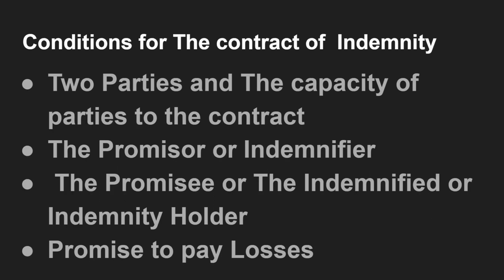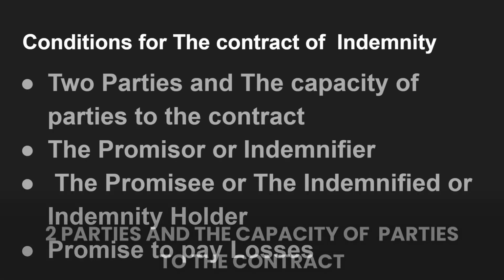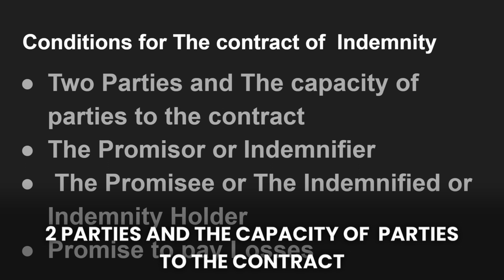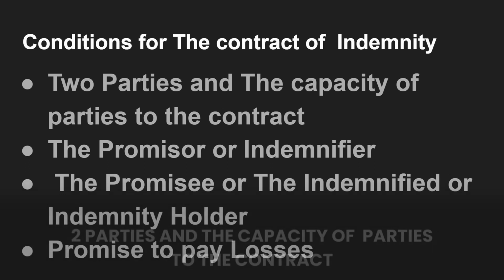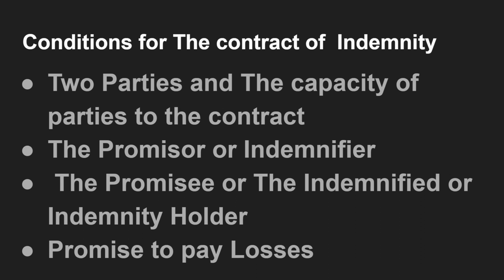Now, conditions for the contract of indemnity. Two parties and capacity of parties to contract. What are all the conditions? See, two parties should be there and they must have capacity to contract. Capacity of parties means a party should not be a minor, insolvent, bankrupt, or any person who is sentenced by the court. They are all incapable of entering into a contract. A drunken person, or a person taking psychiatric treatment, is also incapable of entering into a contract.